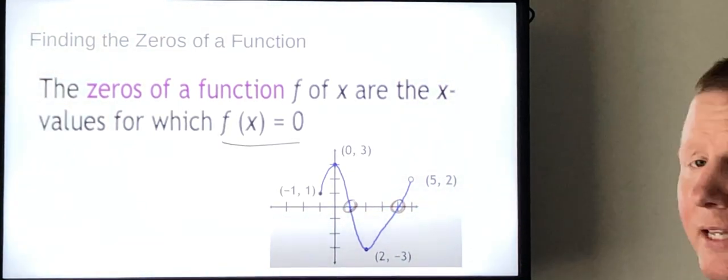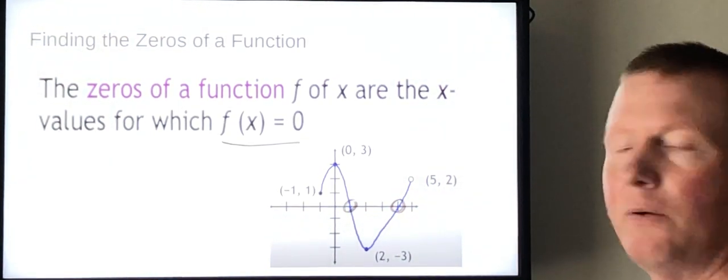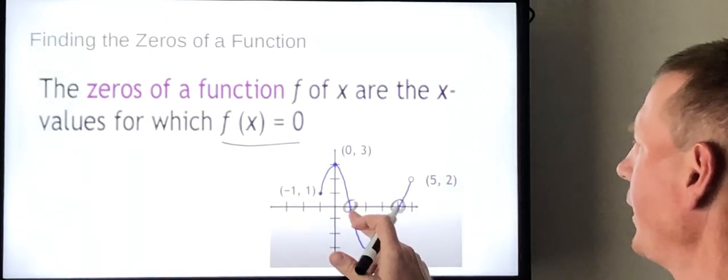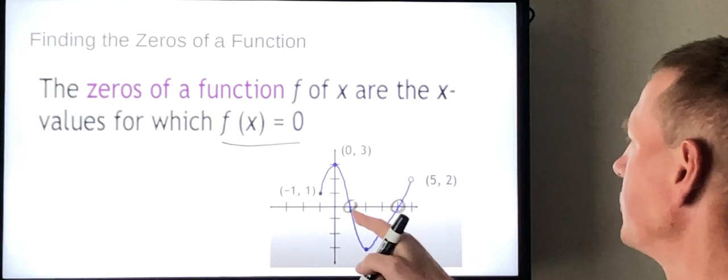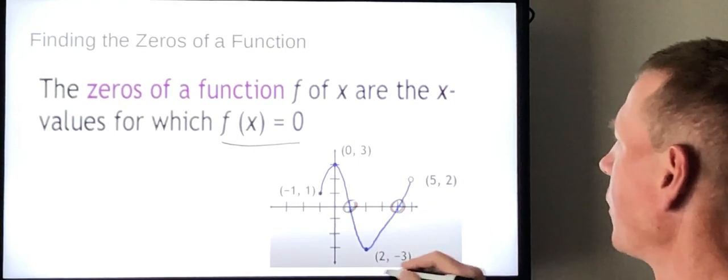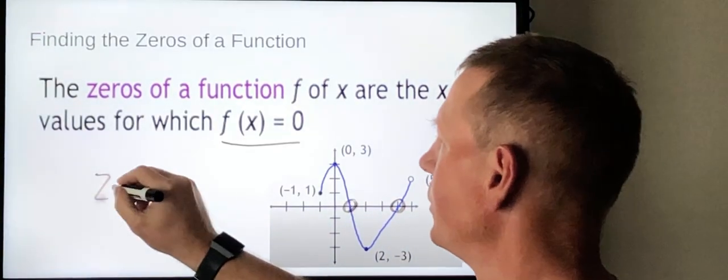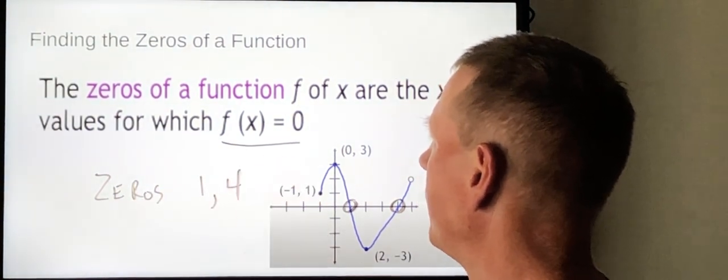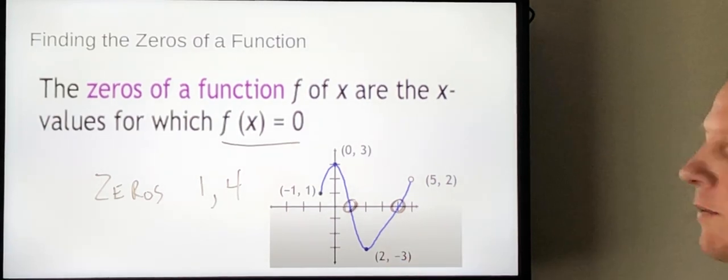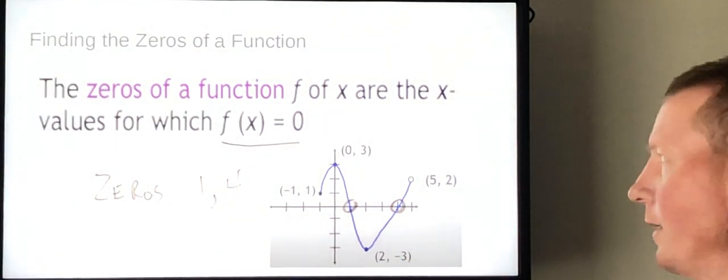On this particular one, we can identify what those are: this solution here would be 1, and this solution, 1, 2, 3, would be 4. So our zeros would be 1 and 4. It has two zeros, crossing the x-axis in 2 places.